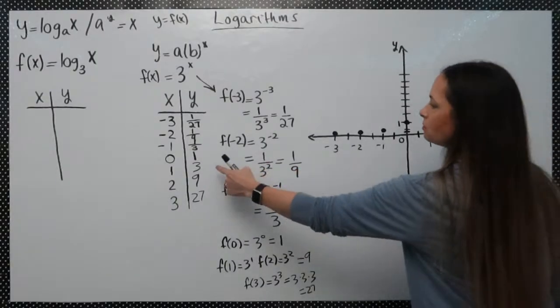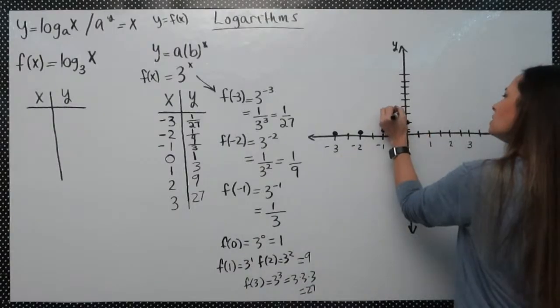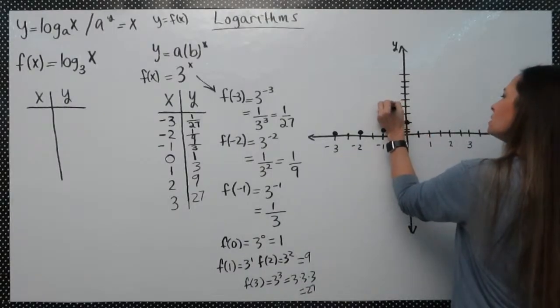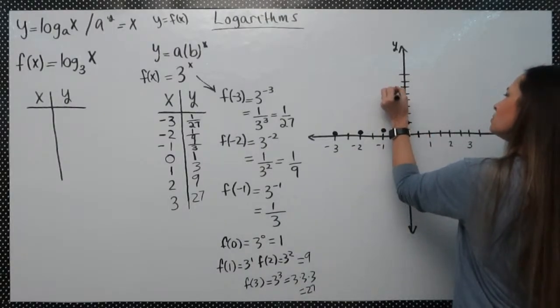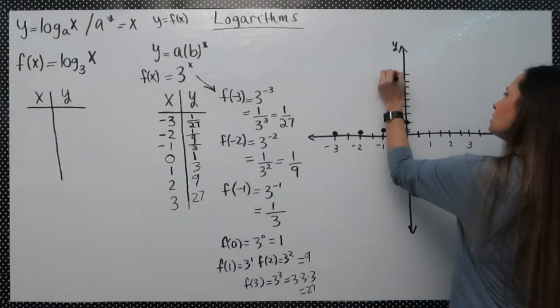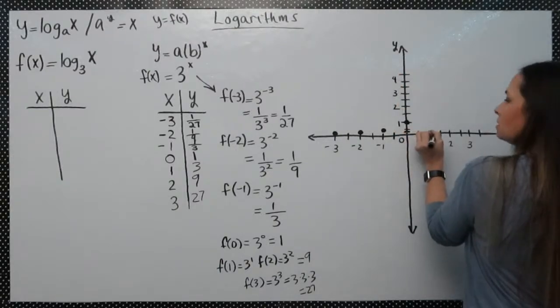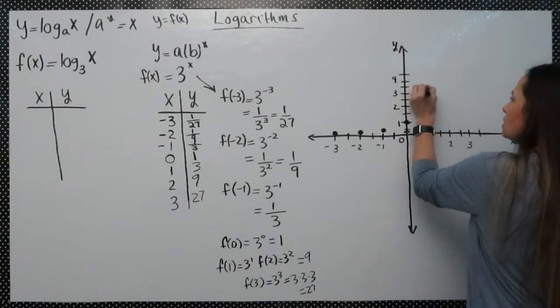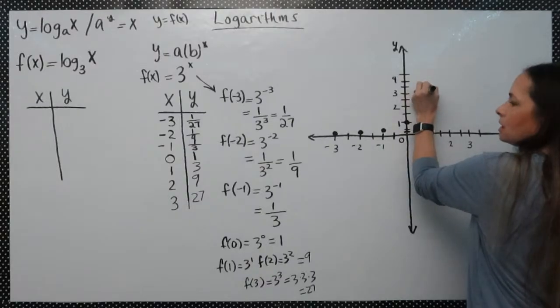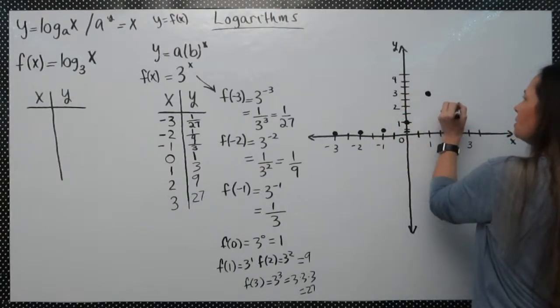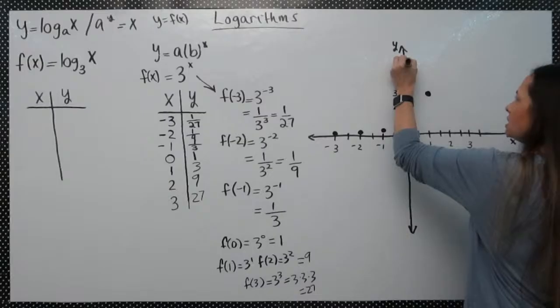So we've got 1, 3, 2, 3. So what is that? 1, 3, it's here. And then we've got 2, by the time we get there, we're already at 9.